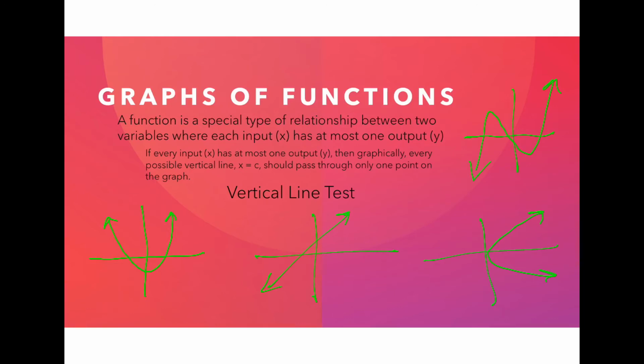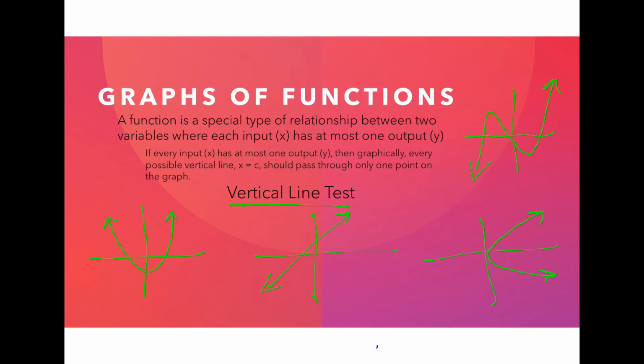So when we're looking to see whether a graph is representing a function relationship, we can do something called the vertical line test. The vertical line test is where we draw a vertical line, and if it only passes through a single point anywhere on our graph, it passes.